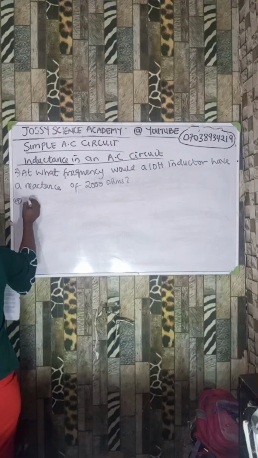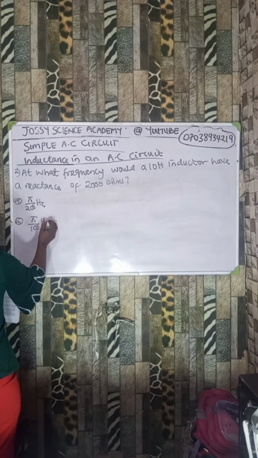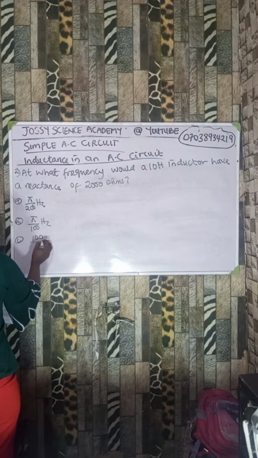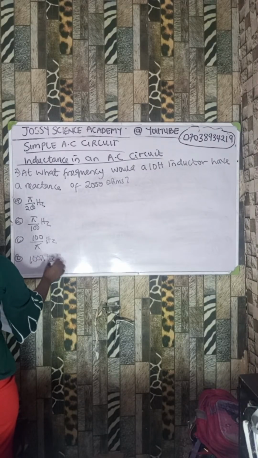A is pi over 200 Hz. B is pi over 100 Hz. C is 100 over pi Hz. And D is 100 pi Hz.